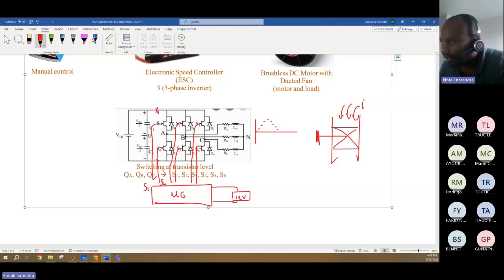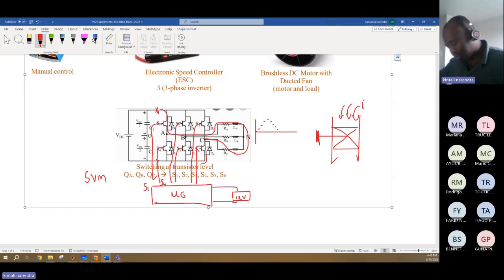Imagine the current is flowing in this direction. You keep changing it, because this technique is called SVM. They use a technique called SVM, space vector modulation, in order to convert DC to AC.